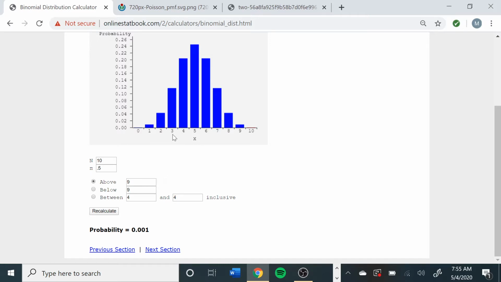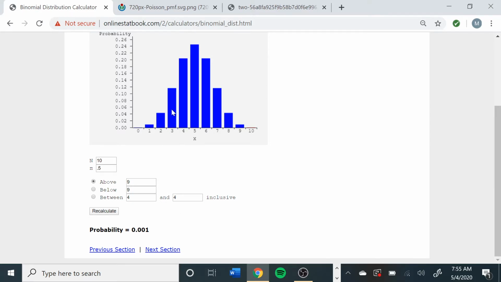So, like I said, what is the probability of getting 3 heads? Well, it's the area of this little bar right there. Now, you can kind of look over here and see it's about 12%, but this is a calculator, and it's going to tell us exactly what that area is.